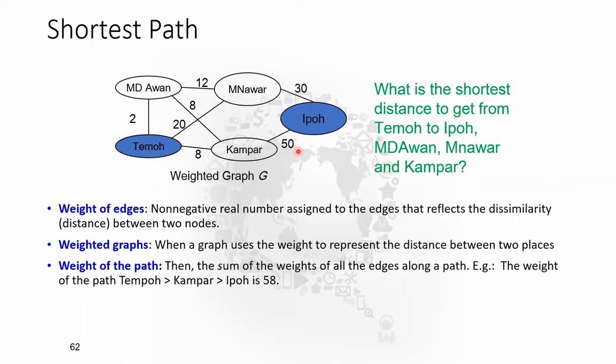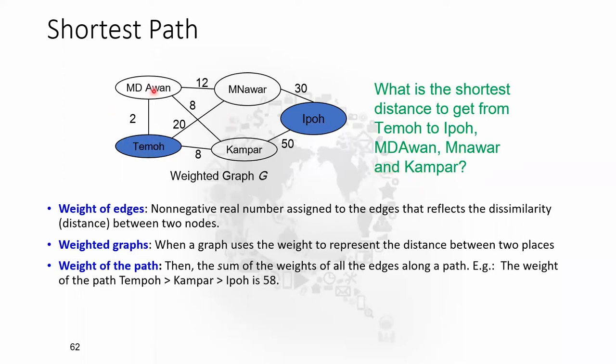I bet you know where Ipoh and probably Kampar are. These are all the places nearby to Kampar and Ipoh. Now, if you want to get the shortest distance from Thermo to Ipoh, or Thermo to MD Awang, Thermo to M Nawar, and Thermo to Kampar.